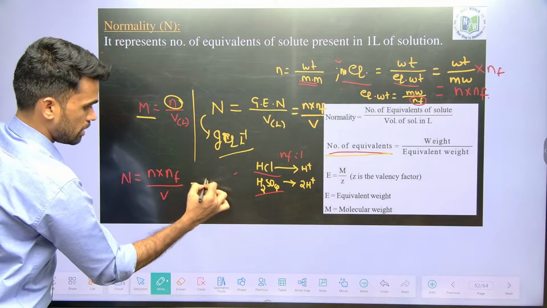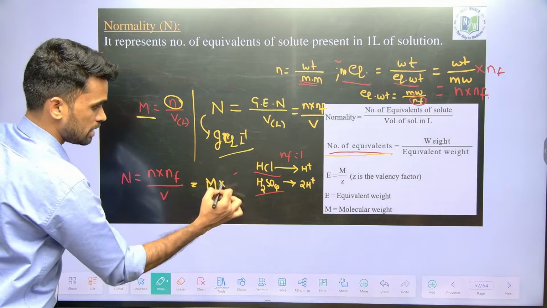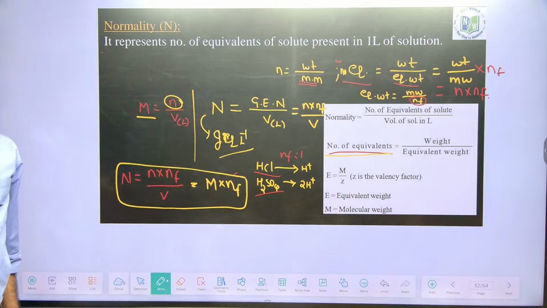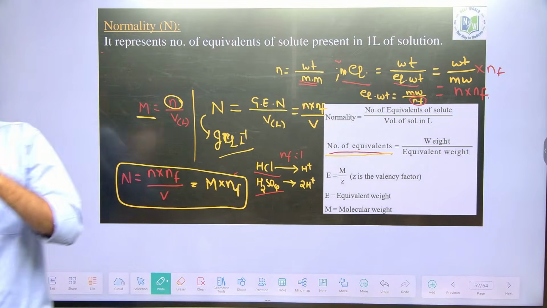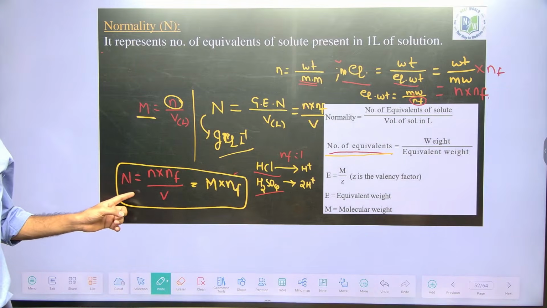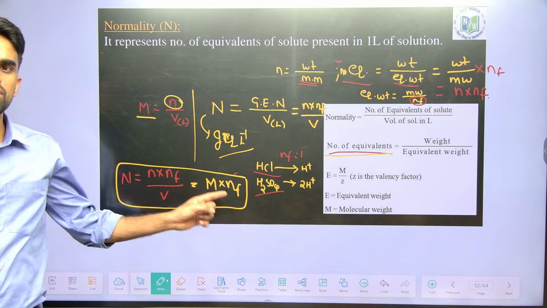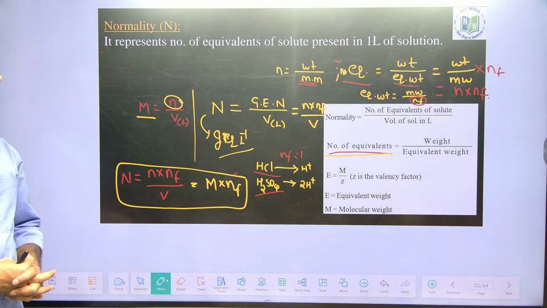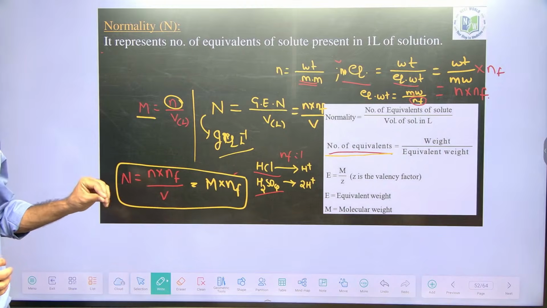So normality equals molarity into n factor. This is the final relation we got. Normality equals molarity into n factor. Okay, done up to here.